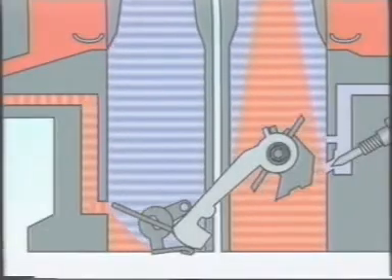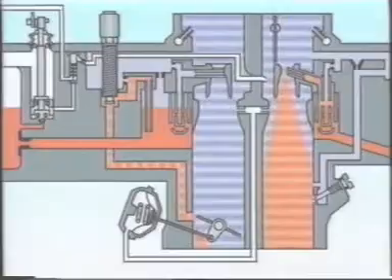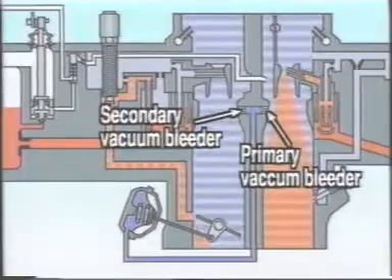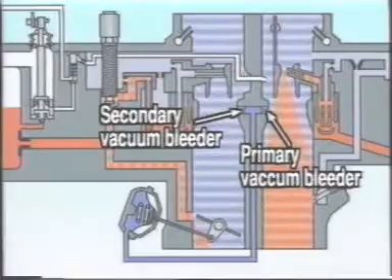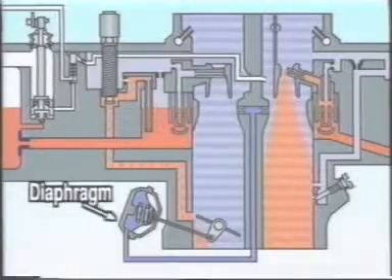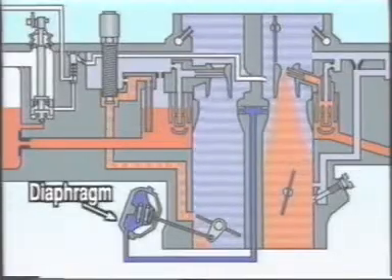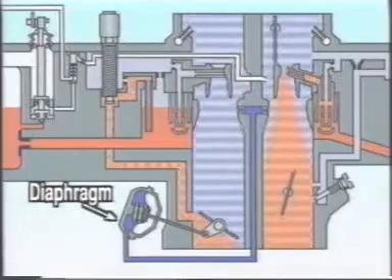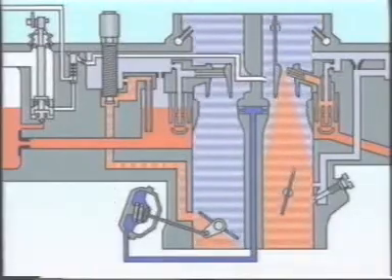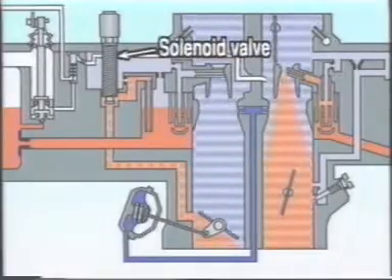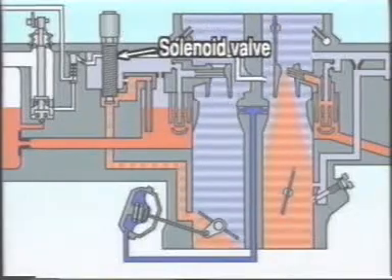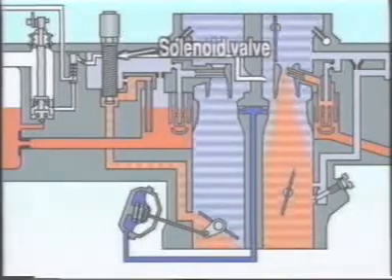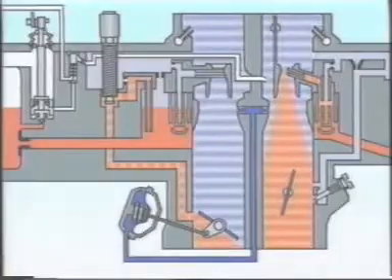When this happens, the vacuum bleeder, which is part of the venturi, produces a vacuum which opens the secondary throttle valve. When the engine RPM rises, the pressure from the vacuum bleeder overcomes the diaphragm spring, which in turn causes the secondary throttle to slowly open. The secondary low-speed circuit, like the primary low-speed circuit, uses a solenoid so that when the ignition switch is off, the route is closed off.